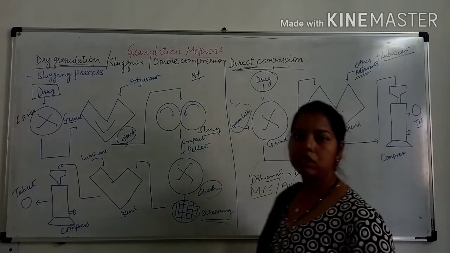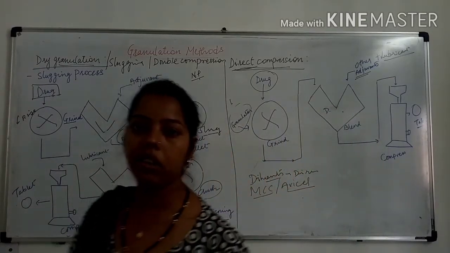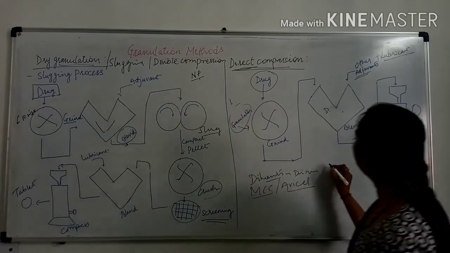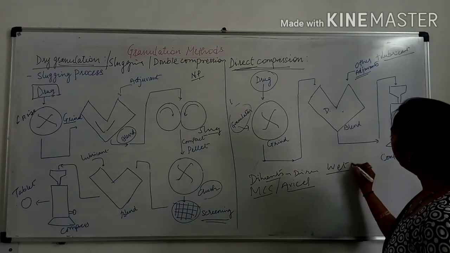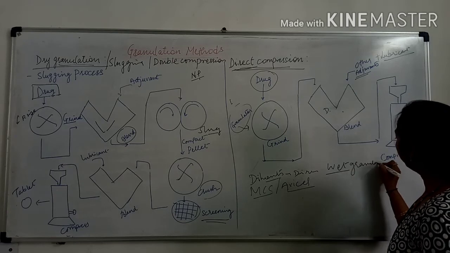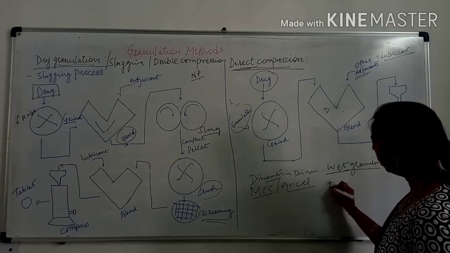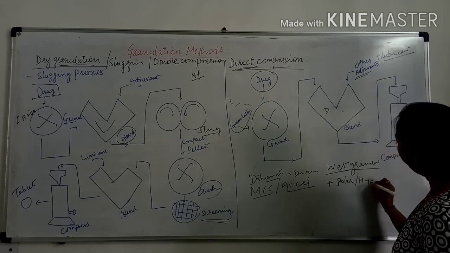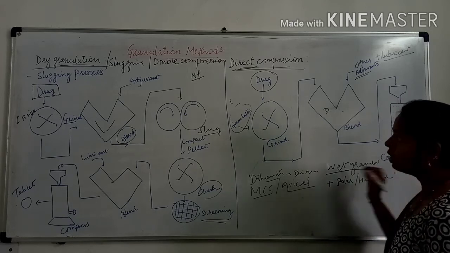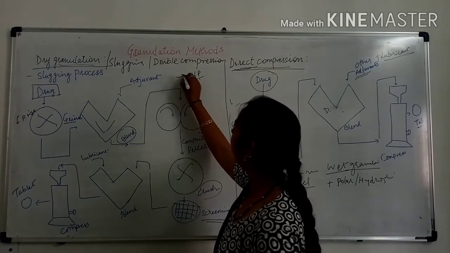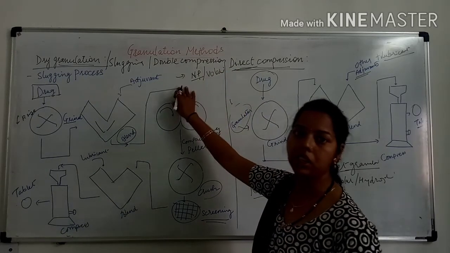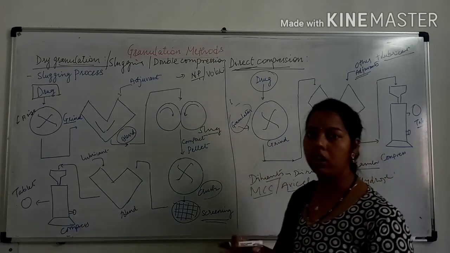What is the main difference between the three granulation techniques, dry, direct and wet granulation? In wet granulation we add polar or hydrophilic solvent, and in dry granulation we add non-polar solvent or solvents which are volatile in nature and evaporate on standing.